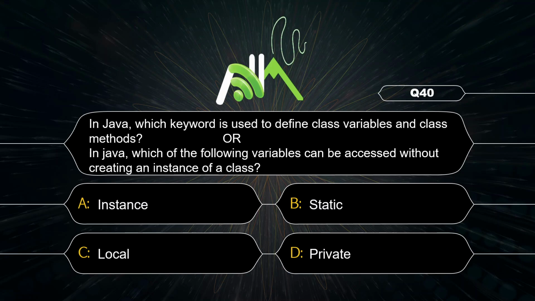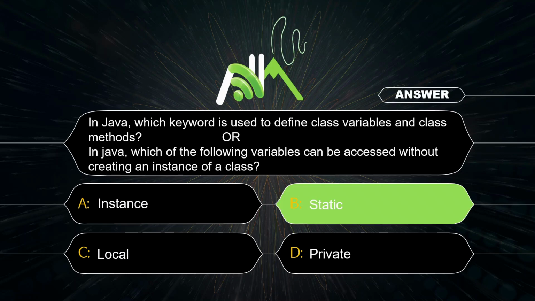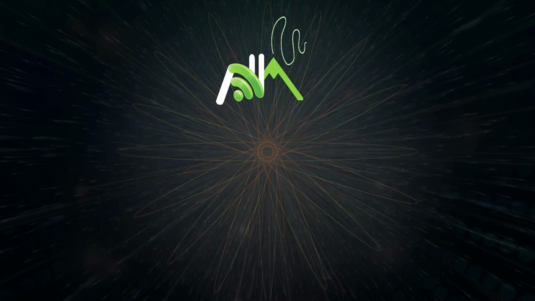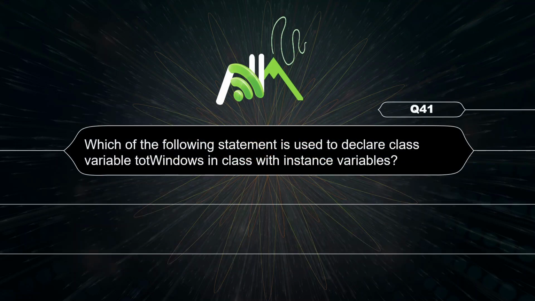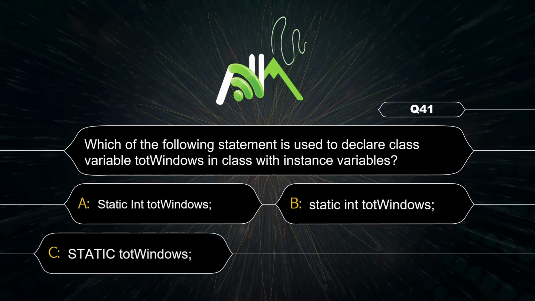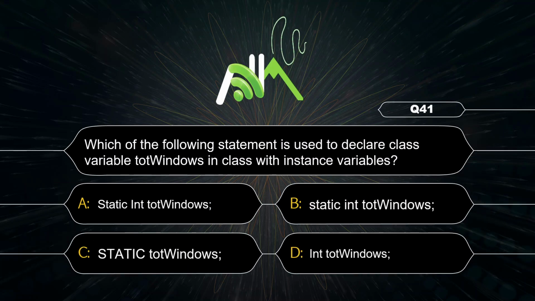Which keyword is used to define class variables and class methods? When you want to access a variable without creating an object or instance of a class, then you have to go with static. So option B is correct here. Here we have to use the static keyword.